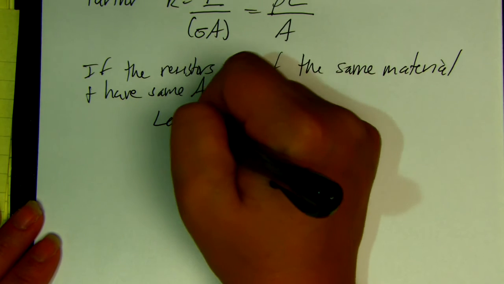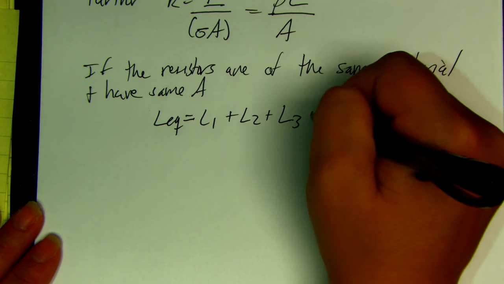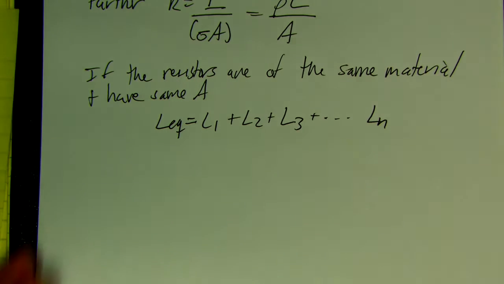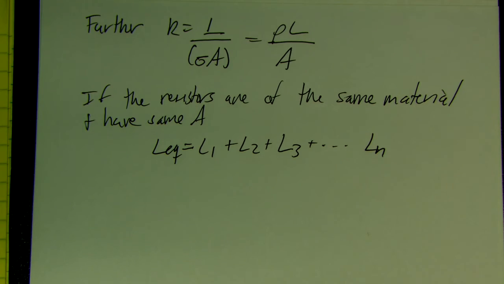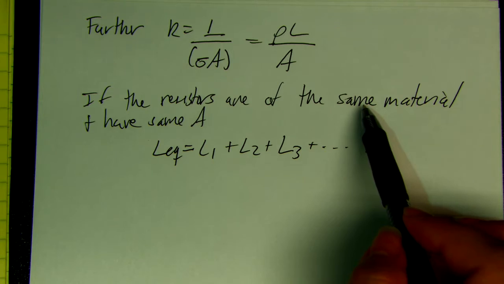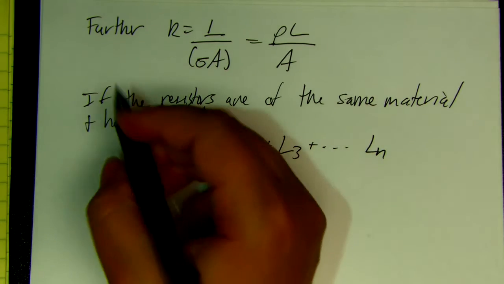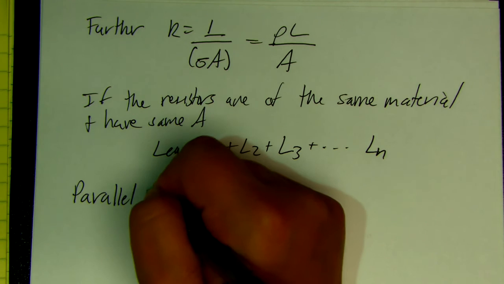So length equivalent would be L1 plus L2 plus L3 plus all the way to Ln. And this is, of course, where A and conductivity are held constant. All right, so now let's look at parallel resistors.